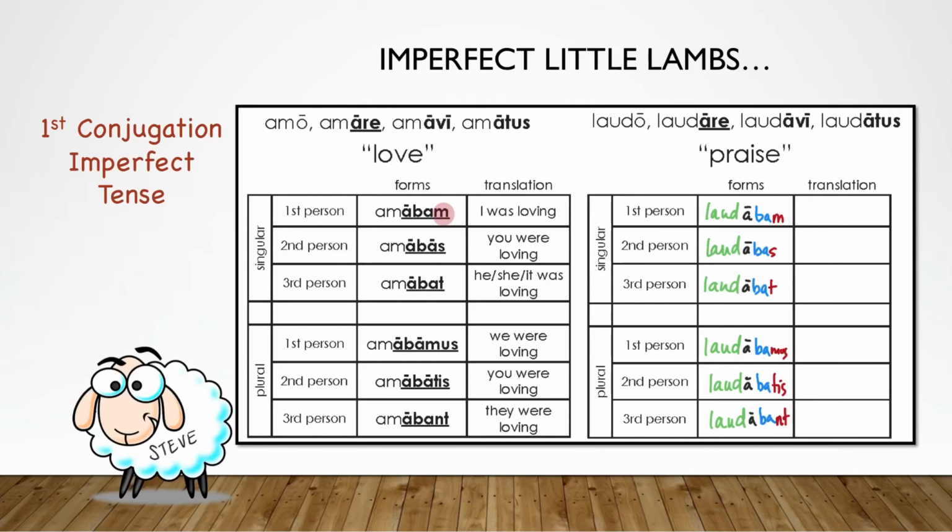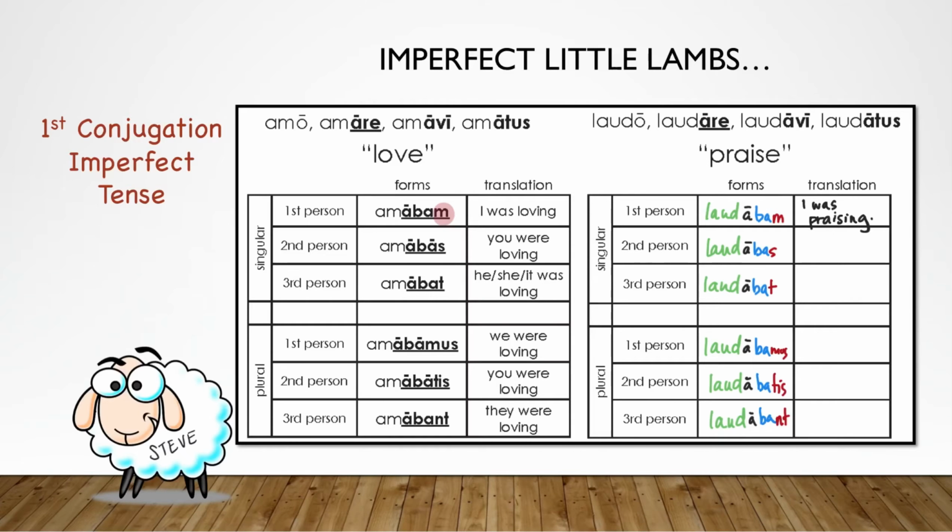So all that means is that we add in a was or a were into our translation plus an ing onto our action. So if we were going to translate this in the first person singular, we translate I was praising. You see how if you imagine that, you can imagine it happening in the past, but continually. It's not something that just happened and then ended. So that's what Steve does.